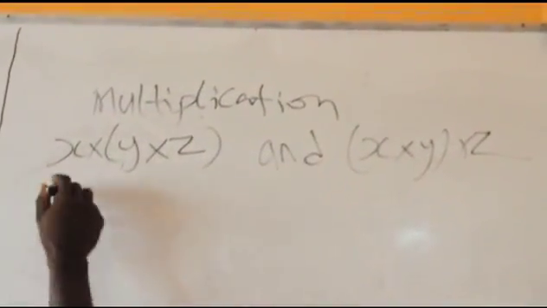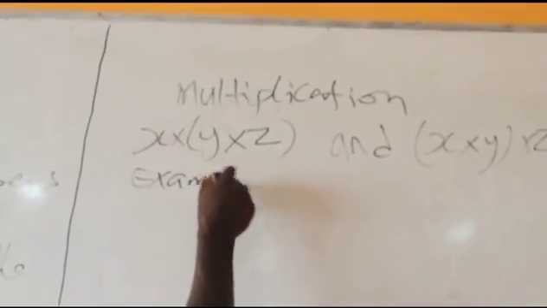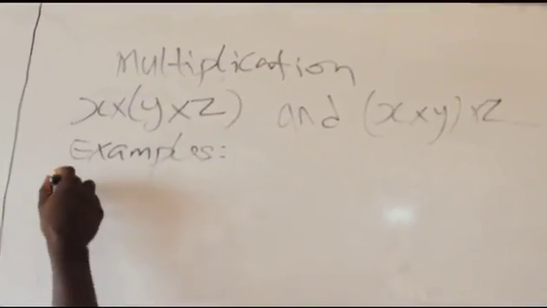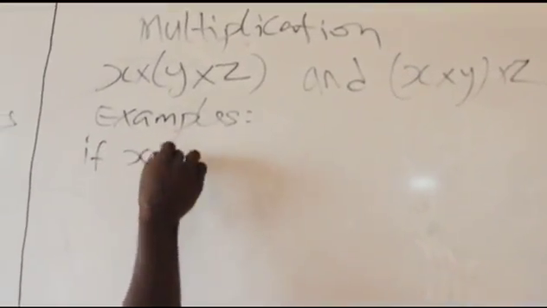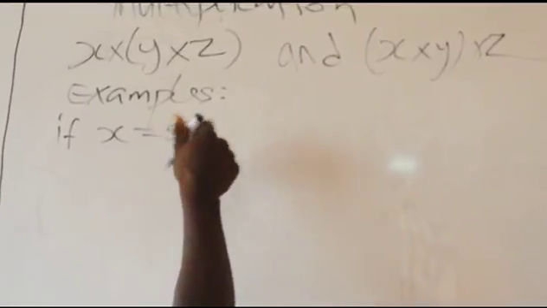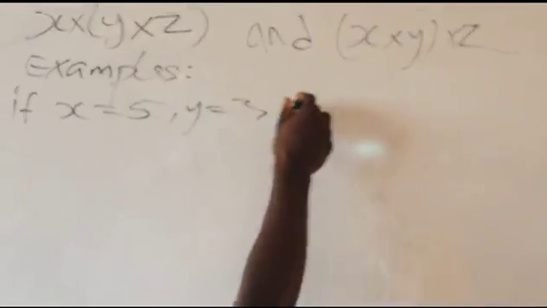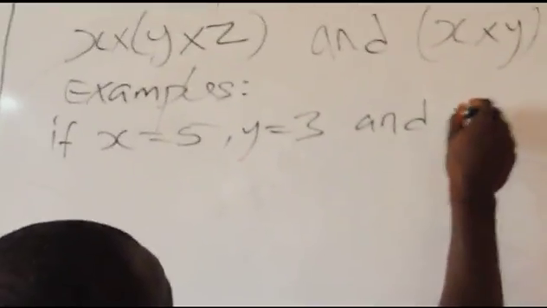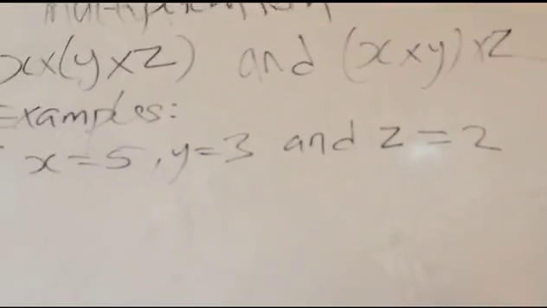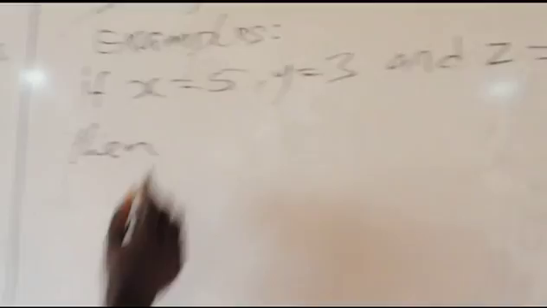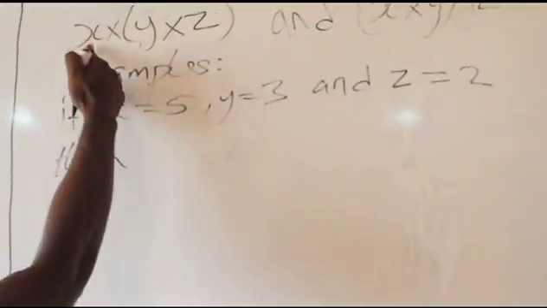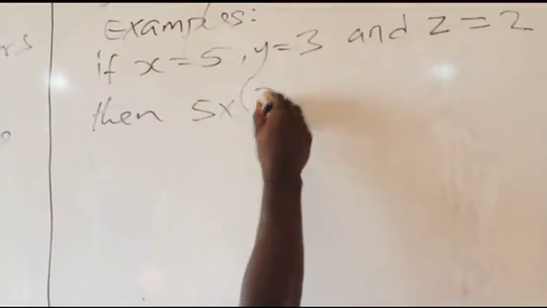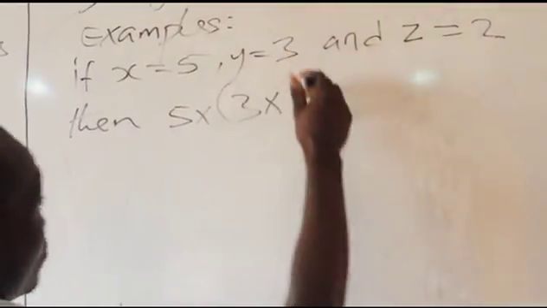So, example, if x is equal to 5, y is equal to 3, and z is equal to 2, then x times (y times z) will be 5 times 3 times 2.